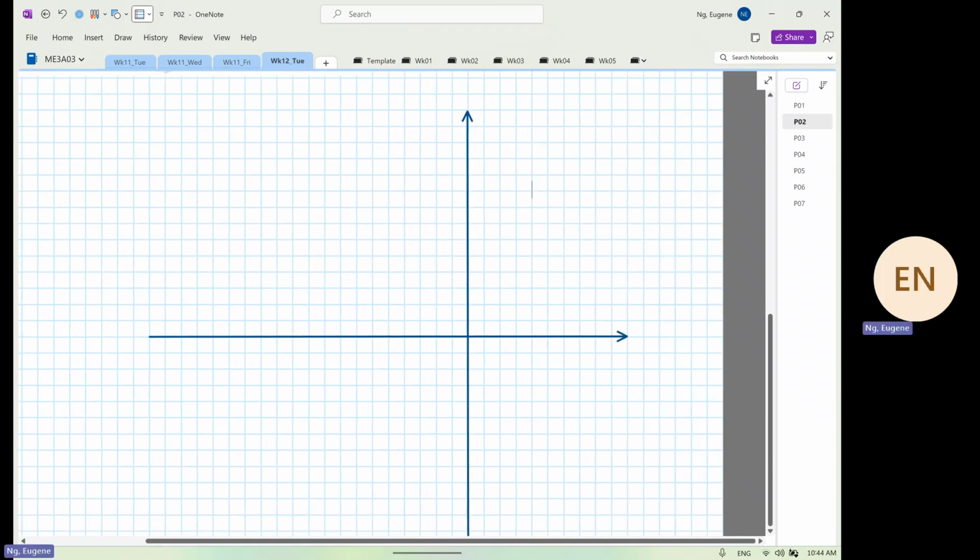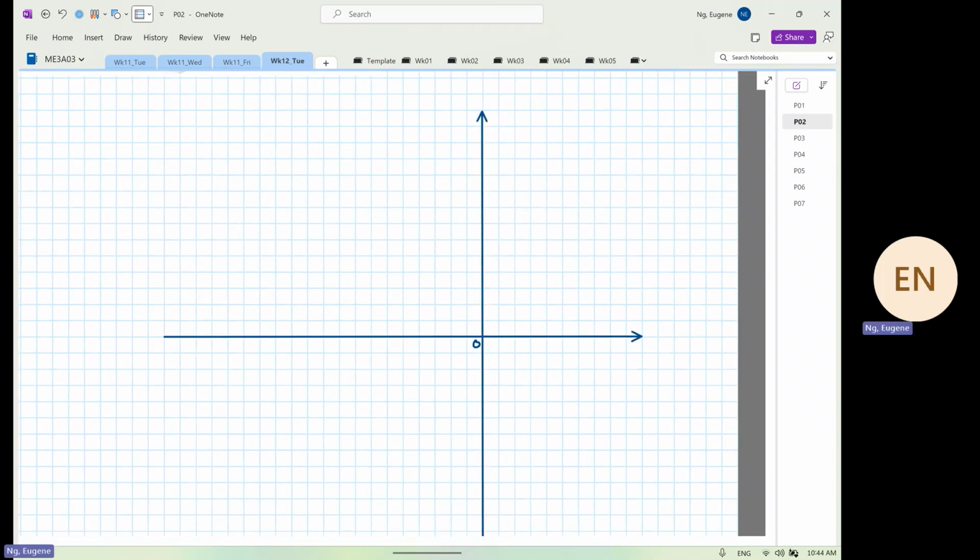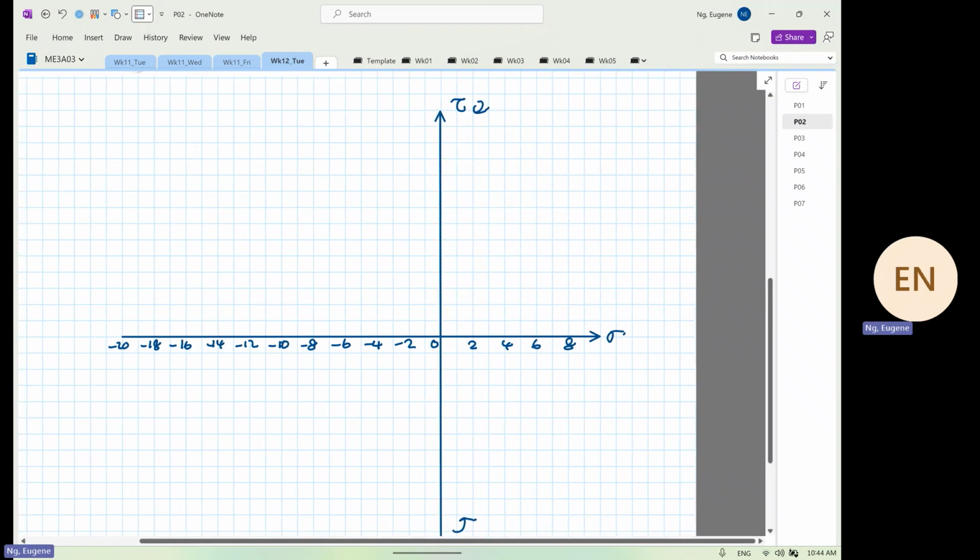So this would be 0, 2, 4, 6, 8, 10, 12, 14, 16, 18, 20 negatives. Then you have 2, 4, 6, 8. Normal stress. Shearing stress, element rotating clockwise, element rotating anti-clockwise. So this is 2, 4, 6, 8, 10, 12.